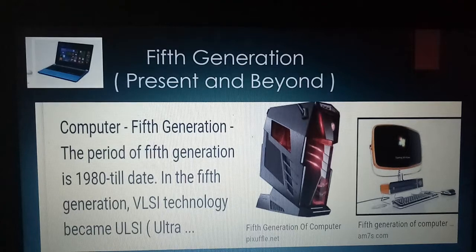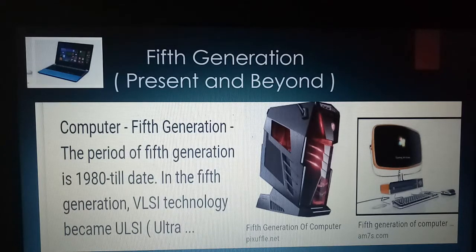The key points of this portion, what we have learned today, are the date, the technology used, like vacuum tube, transistor, IC, VLSI, ULSI, and the examples. These are the few things which you have to remember.